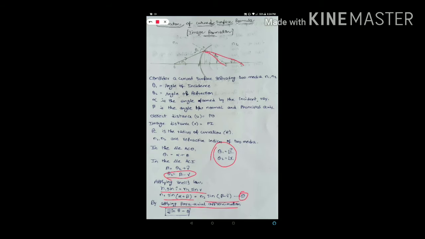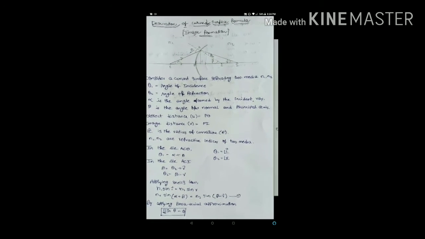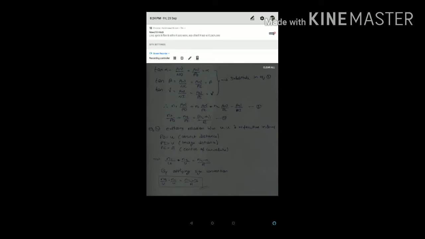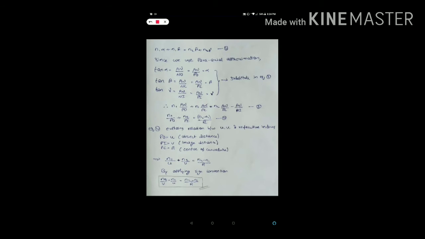Therefore, n1(alpha plus beta) is equal to n2(beta minus gamma). After simplifying, we get n1 alpha plus n1 beta is equal to n2 beta minus n2 gamma. This is the second equation.